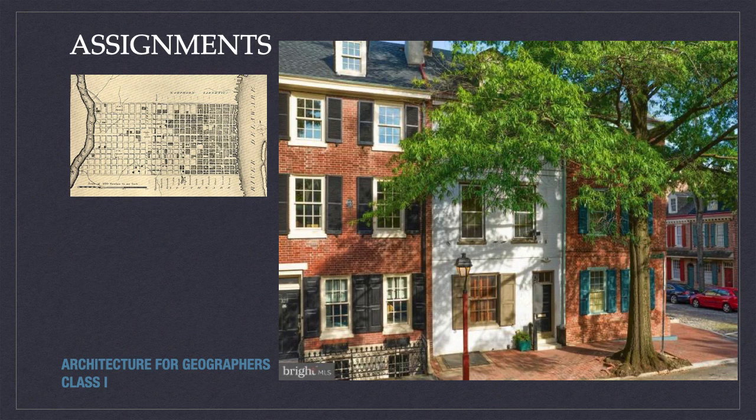For our first assignment, we'll note that buildings may be background structures or landmarks. In all cases, architects typically strive to be contextual. This image of Society Hill in Philadelphia is an example of contextual background buildings blending to create a glorious neighborhood.